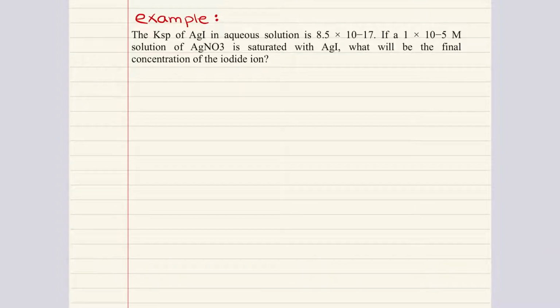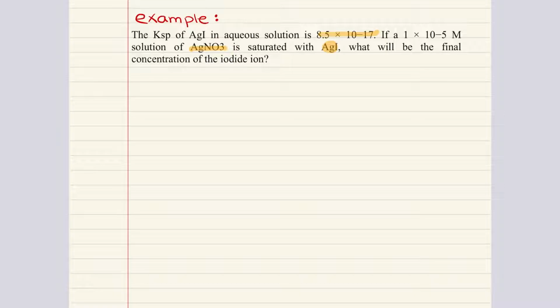This example says the Ksp of silver iodide in aqueous solution is 8.5 times 10 to the minus 17. If a 1 times 10 to the minus 5 molar solution of silver nitrate is saturated with silver iodide, what will be the final concentration of the iodide ions? So let's go ahead and focus in on silver iodide.